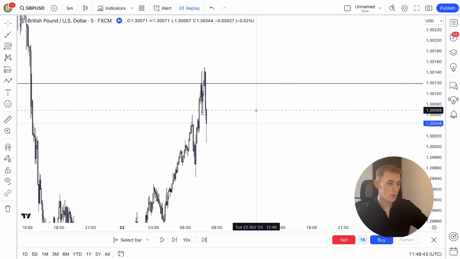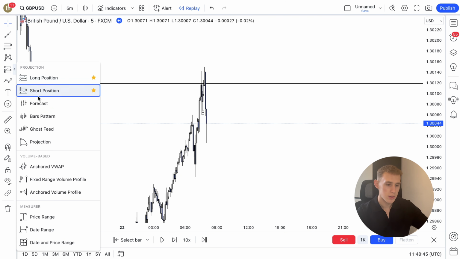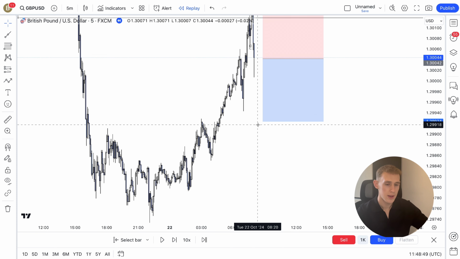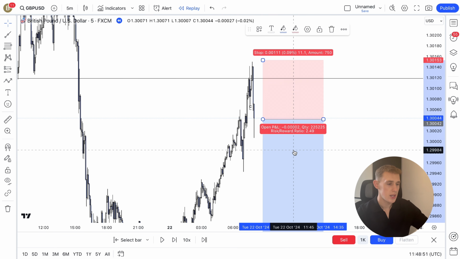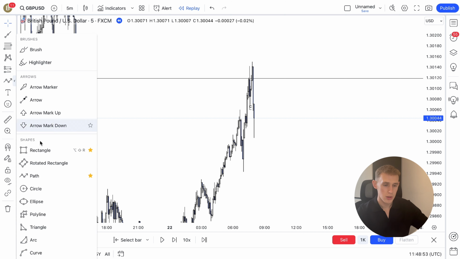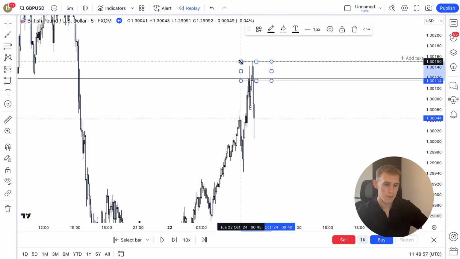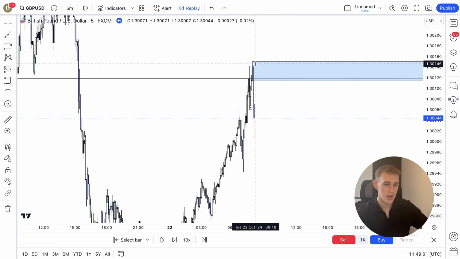So again, we don't want to be selling here because the risk to reward isn't worth it. We want to wait for a retracement into a more premium level. So what I did in this case was I identified this level of 5-minute supply, which was very clean as well because it swept that previous high to the left.